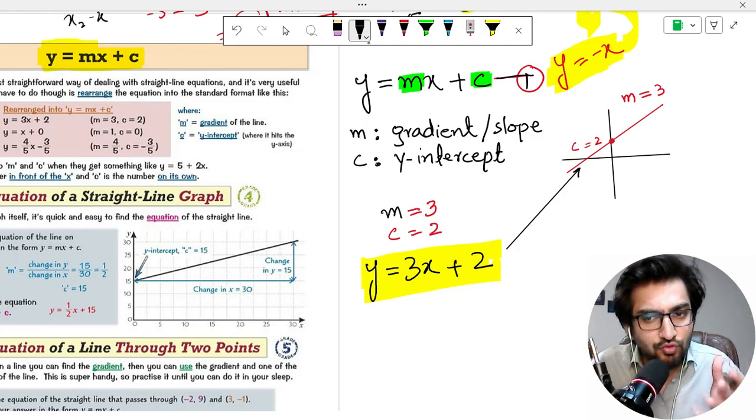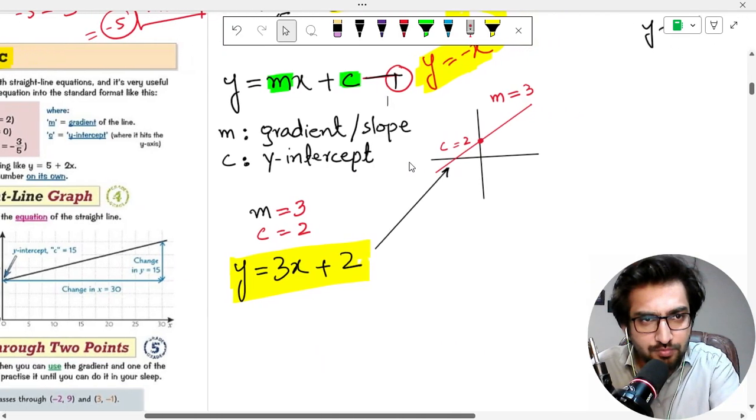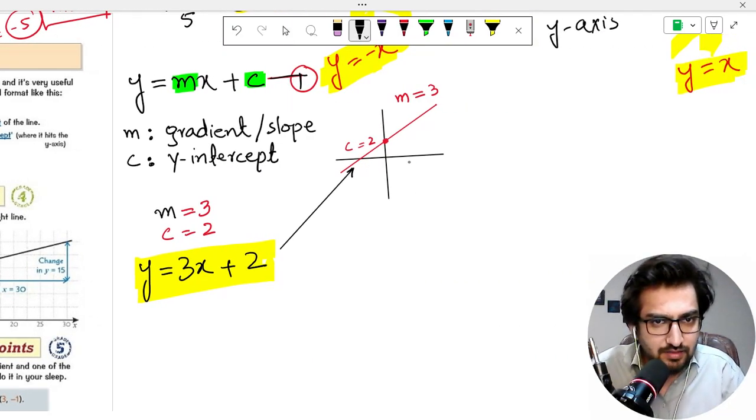Sometimes slope will not be given to you. In the last lesson, I explained how to find out slope. In order to find out slope, you need 2 points. Let me draw another line.